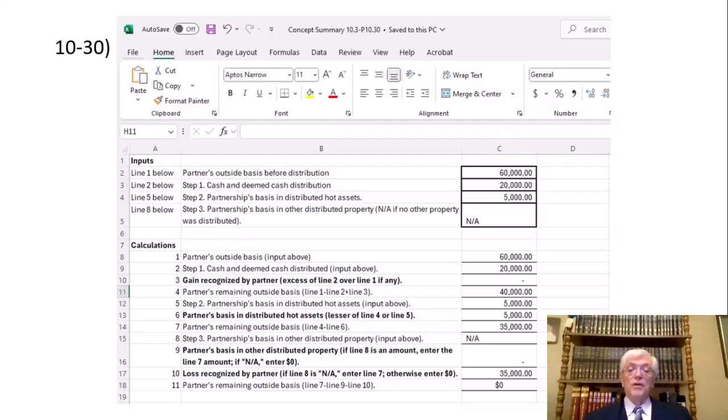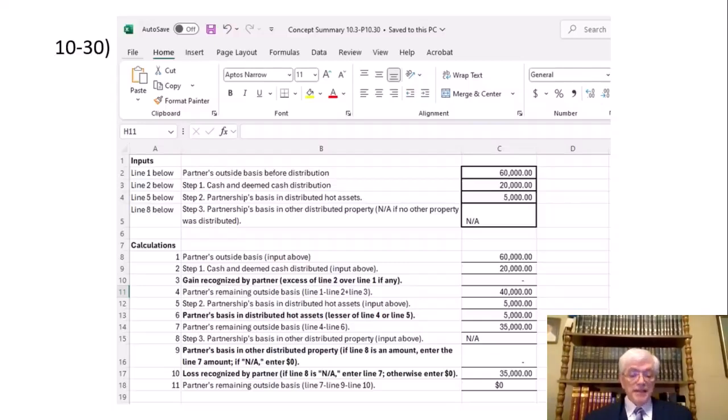Otherwise, enter 0. No loss if you got some other distributed property, but you will recognize a loss, and so therefore she will, because she didn't get any of that other distributed property, so she has a $35,000 recognized loss. Partner's remaining outside basis is, and must always be in a liquidating distribution, 0.